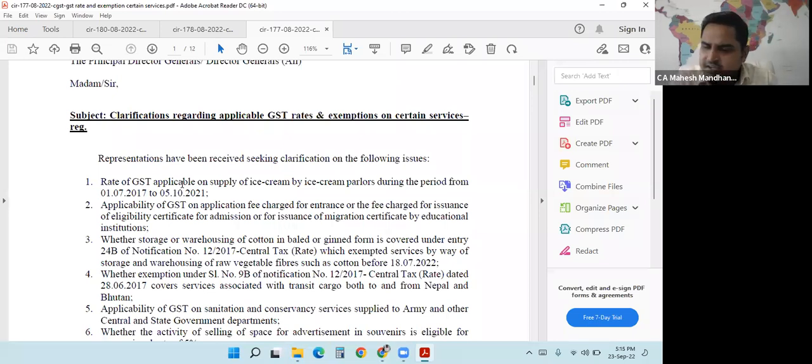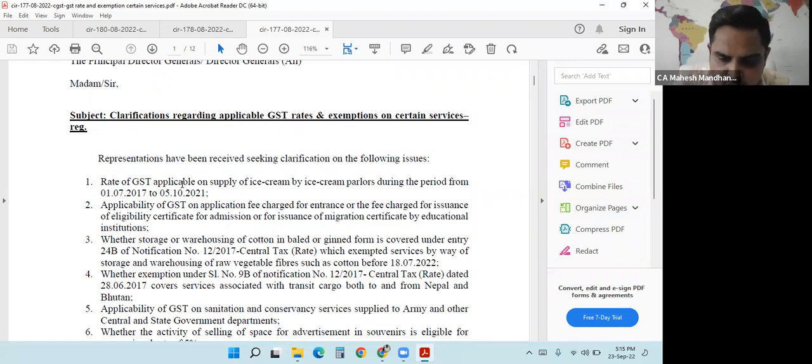This was the first clarification by the CBIC in October 21. And the second one, supply of ice cream by ice cream parlors will not be liable to tax as a restaurant service, but as a supply of ice cream as goods.